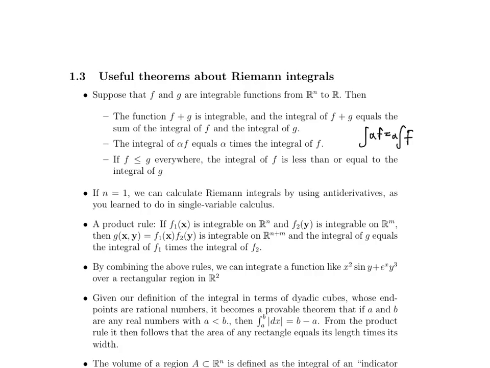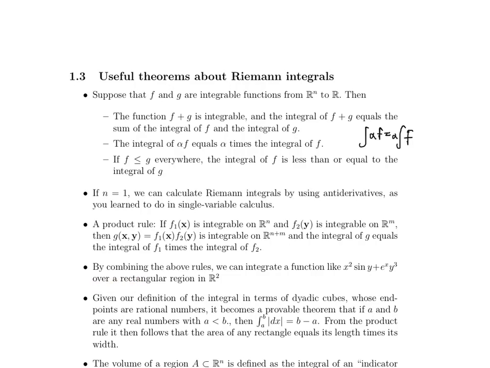Then g, which is a function of both x and y, which is equal to that first function of x times that second function of y, that's going to be integrable on the space Rn plus m. So you add that dimension together, and the integral of g equals the integral of f1, that first function of x, times the integral of that second function of y.